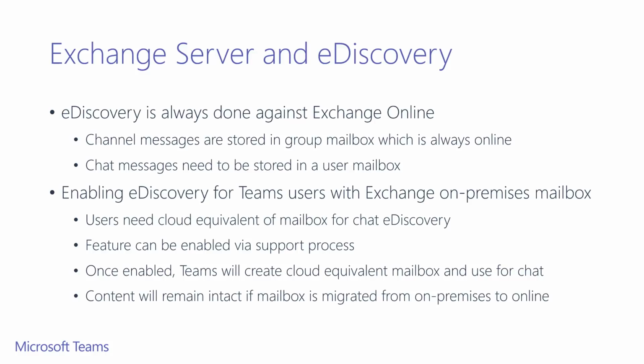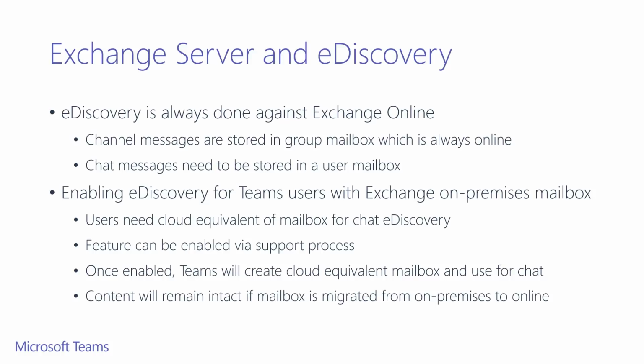In order to allow an on-premises mailbox to be searched through the e-discovery toolsets, we need a cloud equivalent of their mailbox specifically for chat e-discovery. This is currently available in preview as a feature that can be enabled via our support processes.